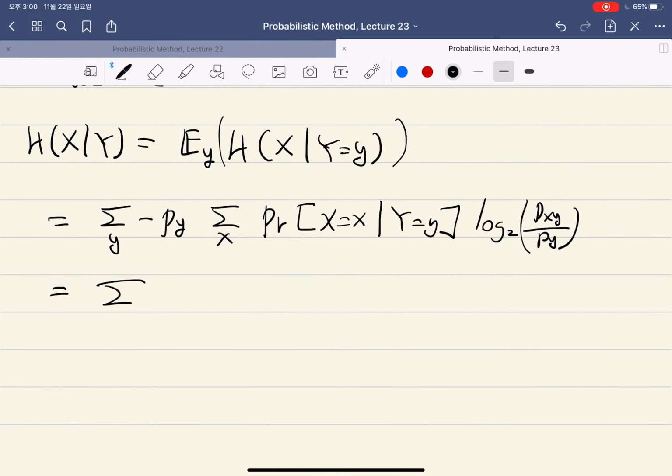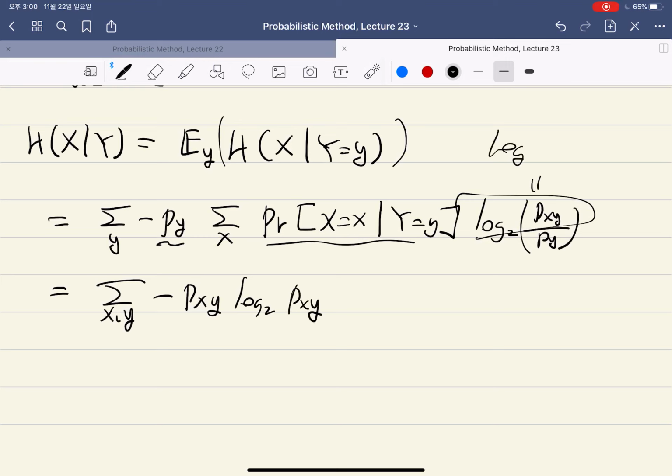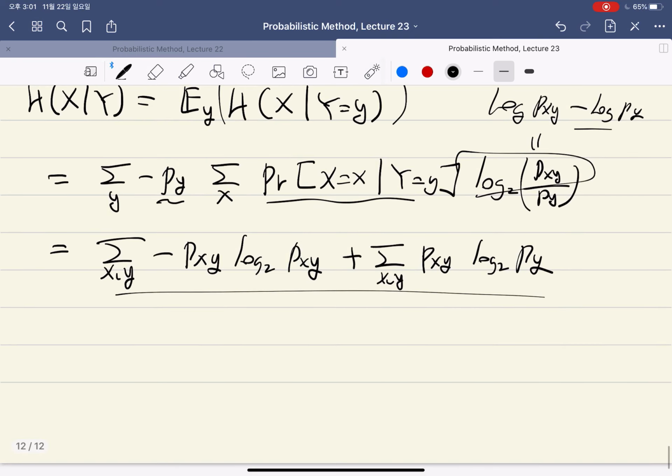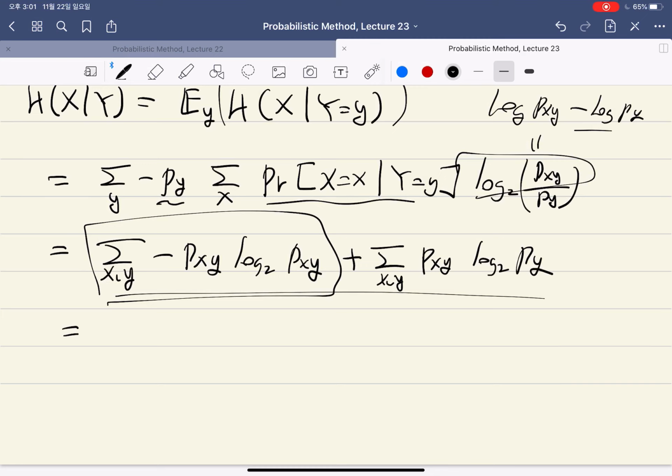Then that's the summation over xy. This times this is nothing but minus the sum of Pxy times log2 of Pxy over Py. So log of this is the same as log Pxy minus log Py. And you add the summation over xy of Pxy log Py. So this is what we get. And what's this? This is the entropy of xy, plus the sum over y of Py log2 Py.